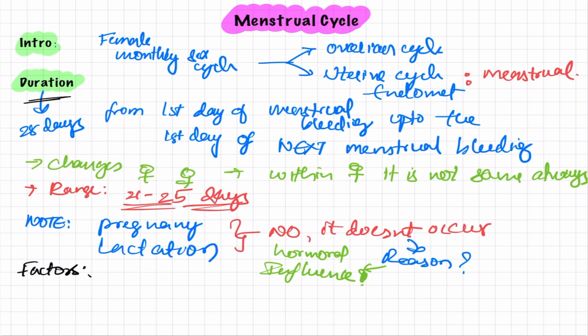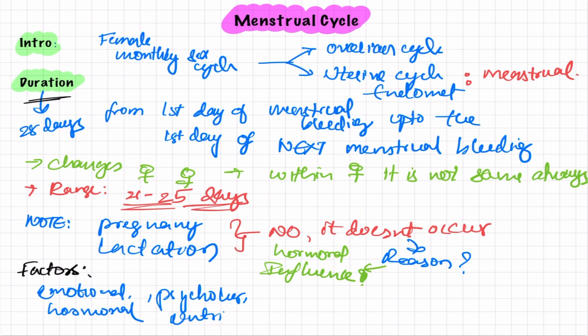So there are emotional factors, the hormonal factors, psychological factors, nutritional factors, and at the same time environmental factors, and even near to menopause.